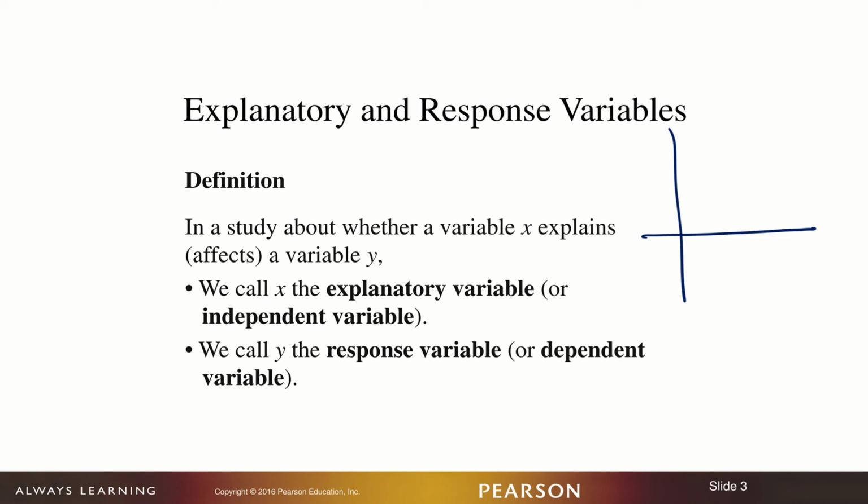Now notice in algebra we always refer to these as x and y, right? In a statistics class they take on different letters based on a given situation. But nevertheless, we always reserve the horizontal axis for the explanatory variable and the vertical axis for the response variable.